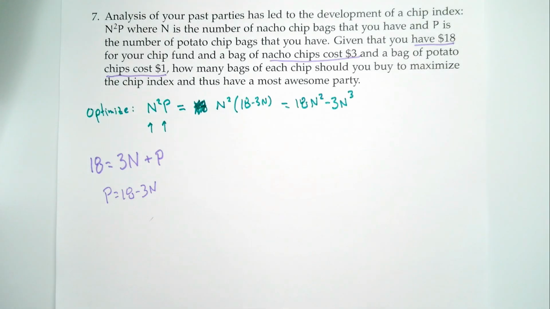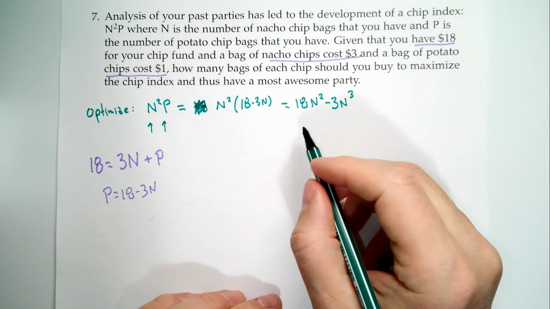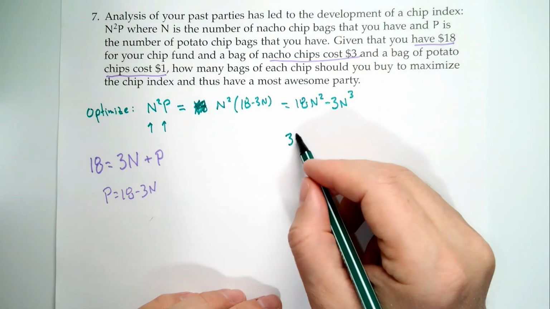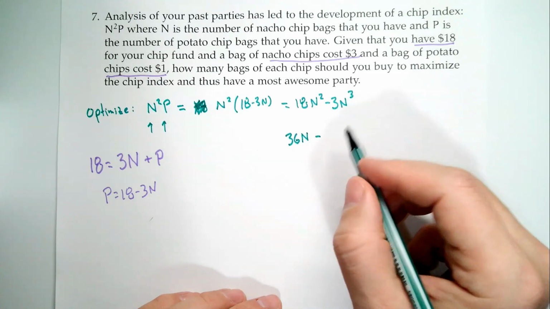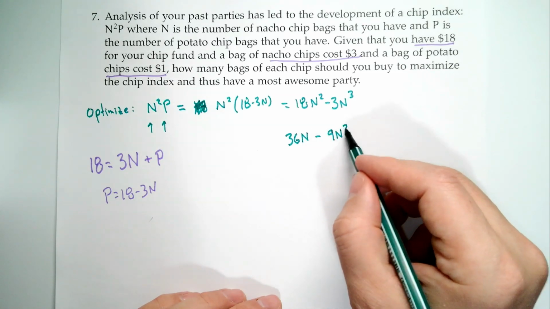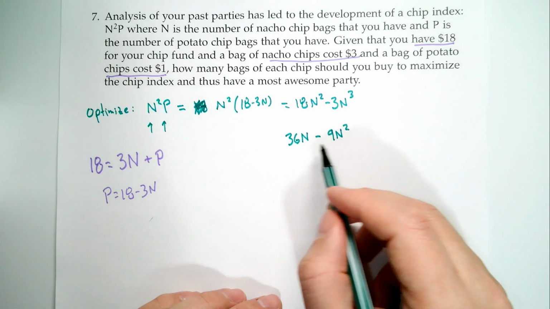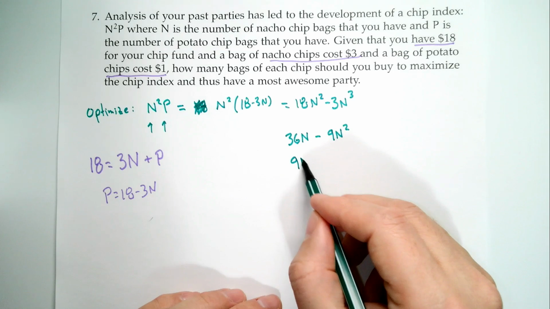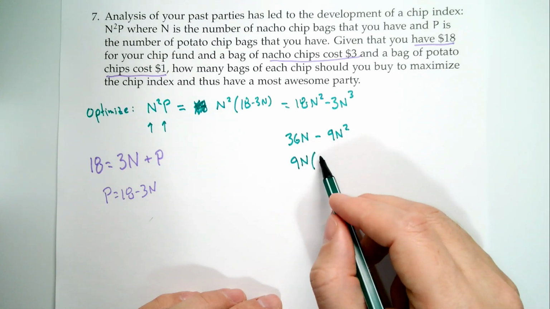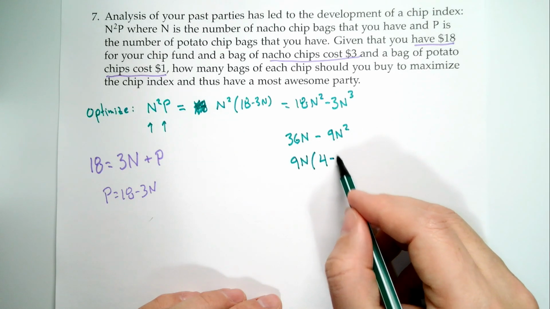Now, a function of one variable, n. So we're ready to do our optimization. We take our derivative, 36n minus 9n squared. So there's our derivative. And let's factor out 9, we can factor out n, and then we're going to be left with 4 minus n.